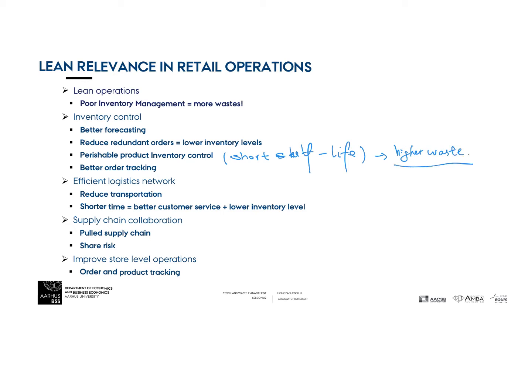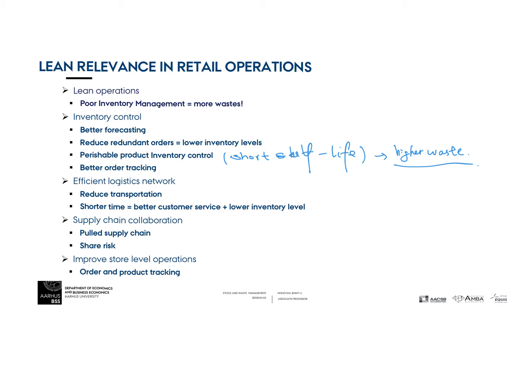So that's also the focus of waste management. A successful inventory control policy, method or system will definitely help to manage perishable products. And perishable product waste is also related to the retailing handling process. Better order tracking is also related to waste management, and it definitely comes from the inventory control process.